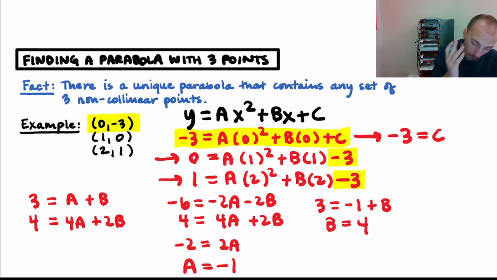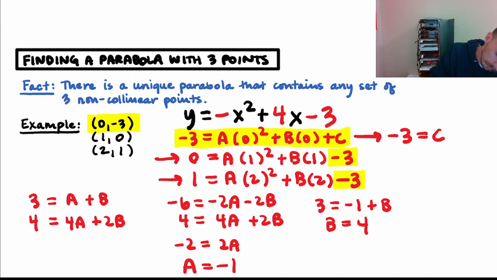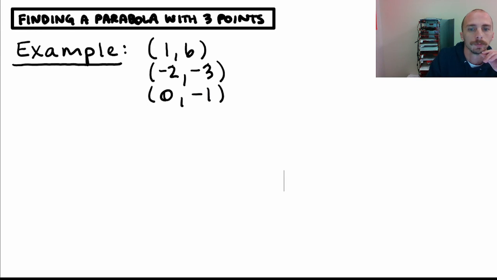So I've done all this work, and my equation is going to be -1x squared plus 4x minus 3. So that's us solving for a, b, and c.